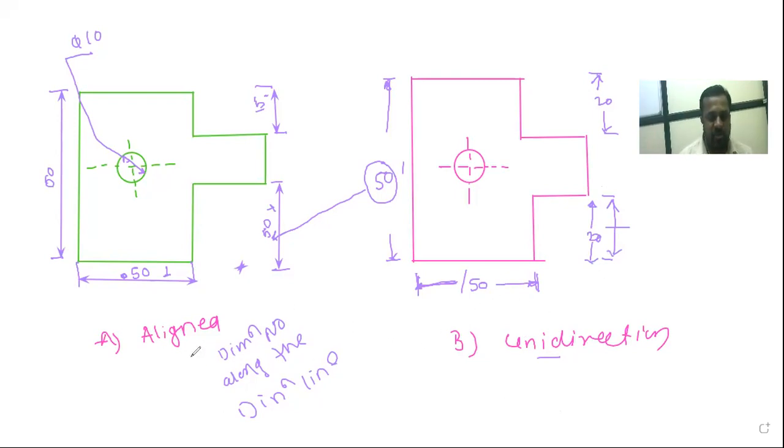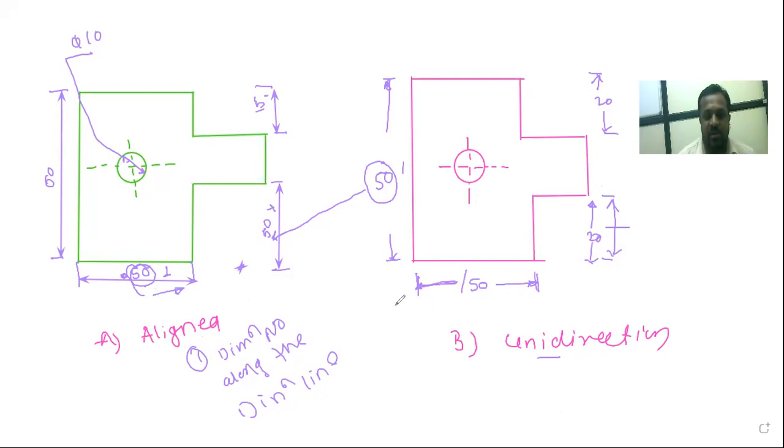Here we have to remember your dimension line should be continuous, there is no breakdown. These are called dimension numbers. That dimension number should be above that dimension line, and along this line.